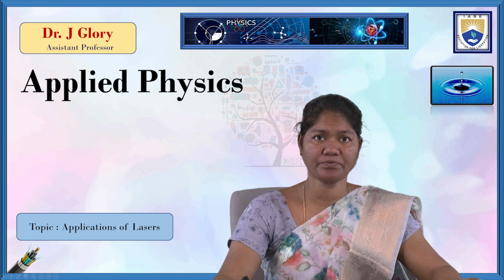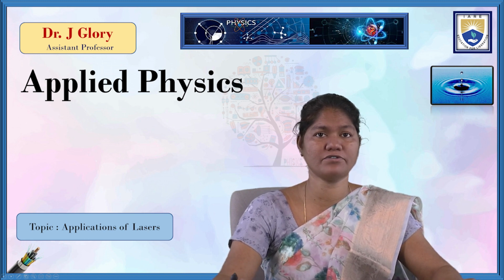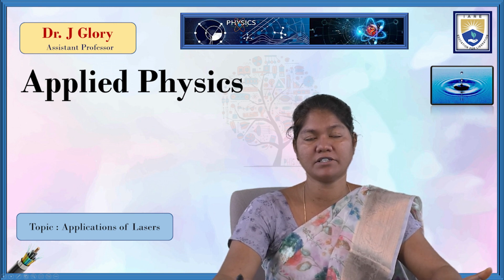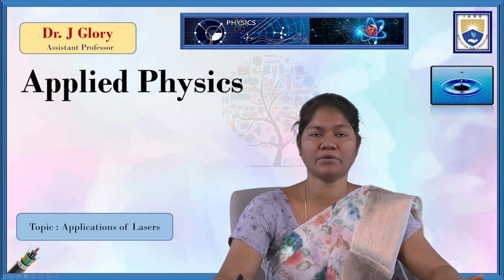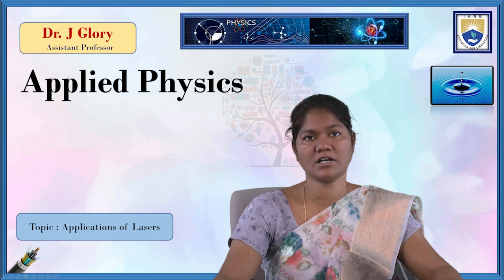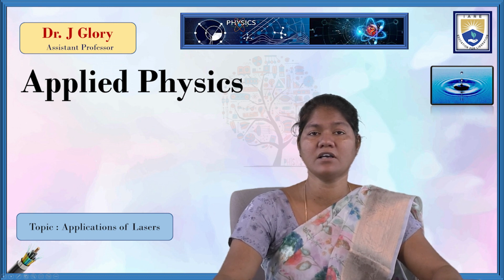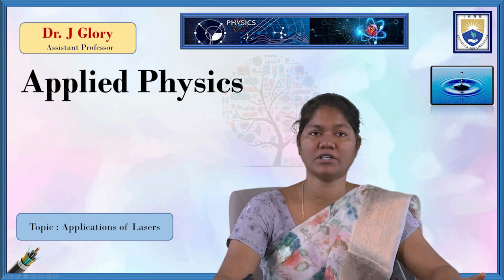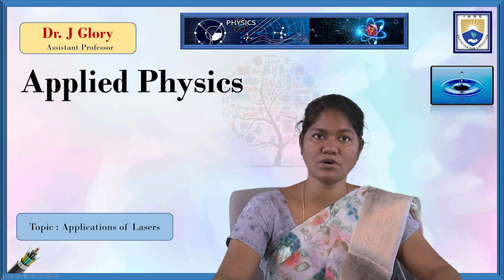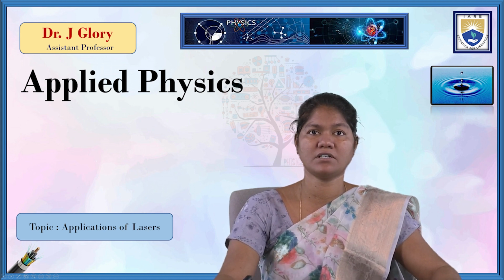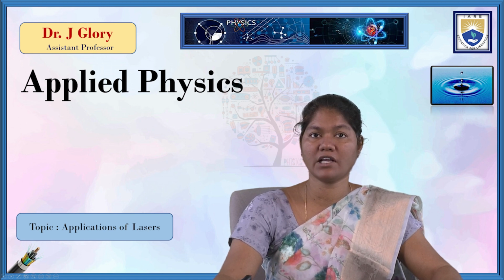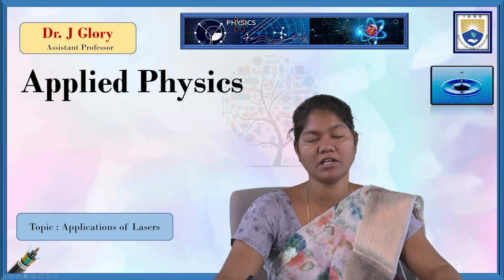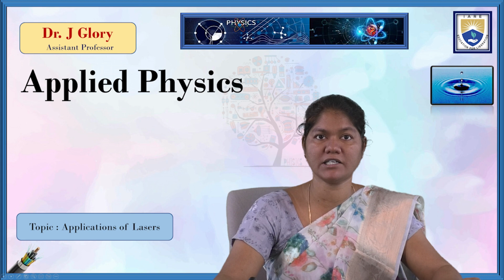First we accelerate the helium atoms so that they are excited to higher energy levels. Then they collide with the neon atoms, which have nearly the same energy level as the helium atoms. There are inelastic collisions between the helium and neon atoms, and the energy of the helium atoms is transferred to the neon atoms.